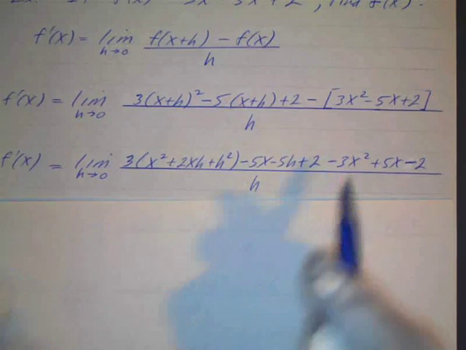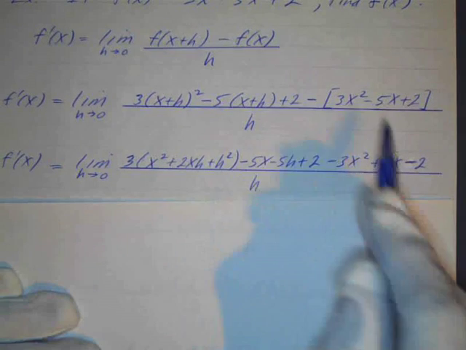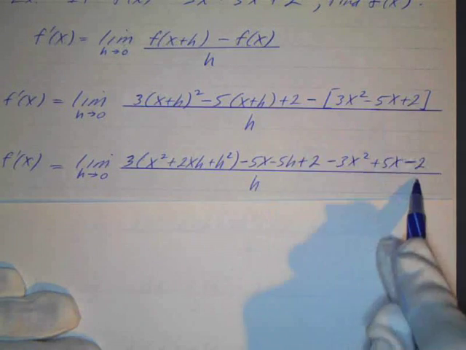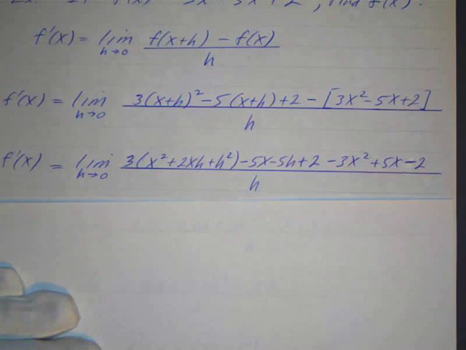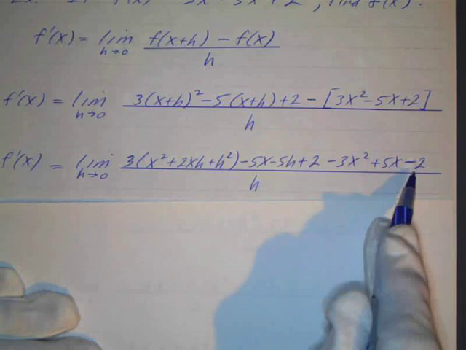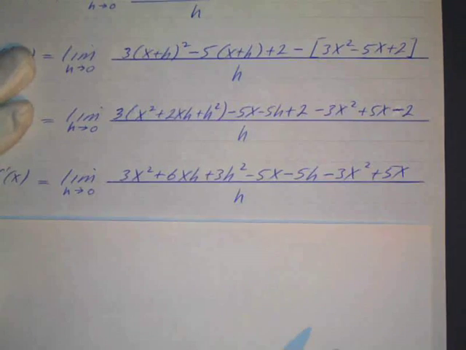So this is going to be negative 3x. A negative times a negative is positive 5x, and negative times a positive is negative 2, all over h. And then I'll multiply this out, and I can simplify: 2 minus 2 is 0, so that goes away. So I can do a little simplification there.